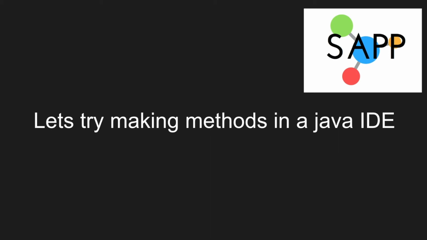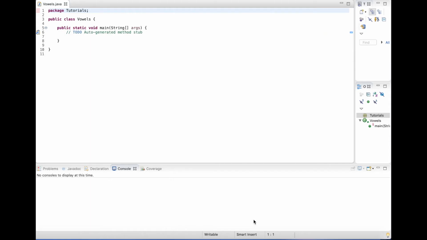So now let's try making a Java method in Eclipse IDE. We will put our Java methods, just what we learned, into a demo. In this demo, we will ask the user to enter a word, and we'll calculate how many vowels they have in that word. So we'll need a scanner and a method to do this.